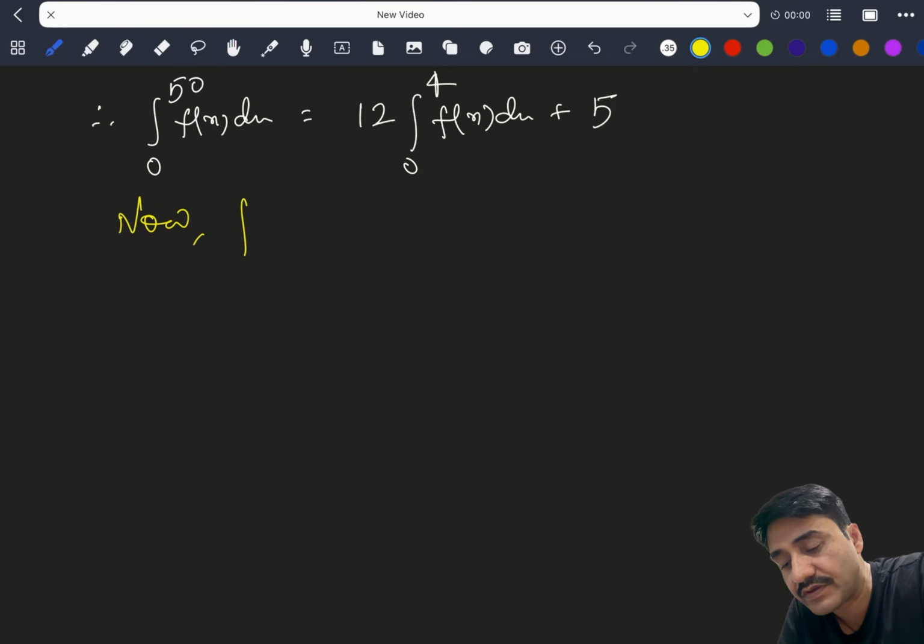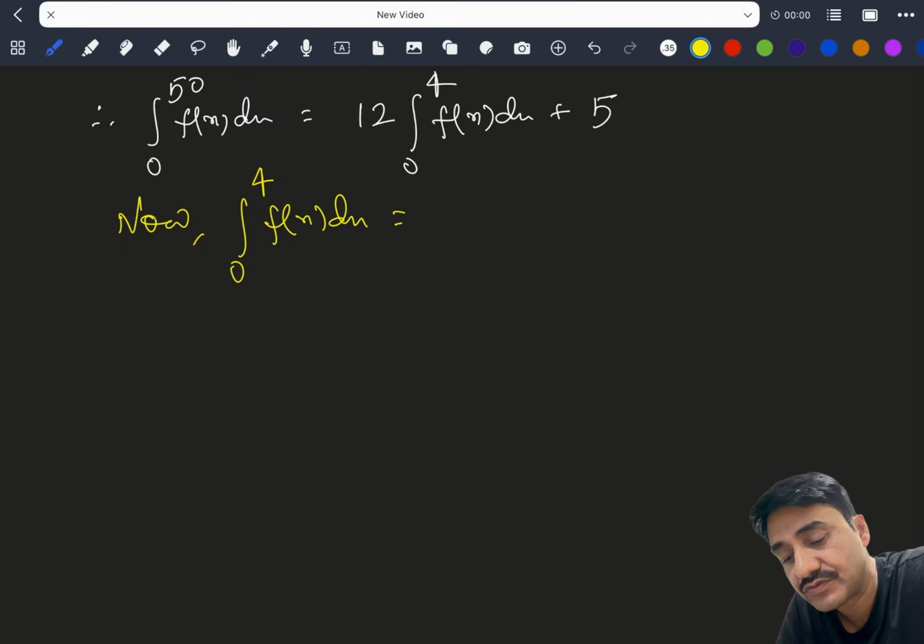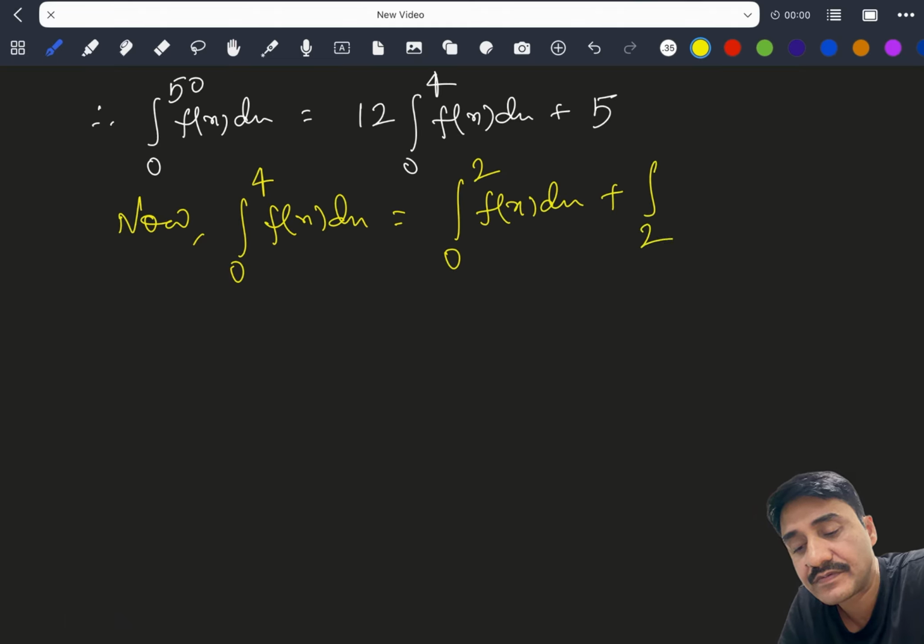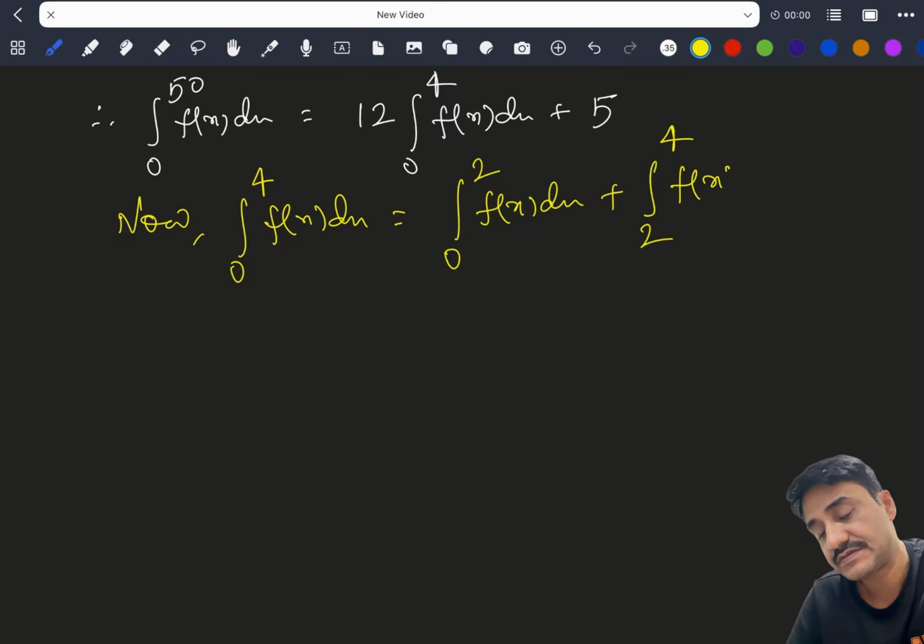0 to 4 f(x) dx can be written as 0 to 2 f(x) dx plus 2 to 4 f(x) dx.